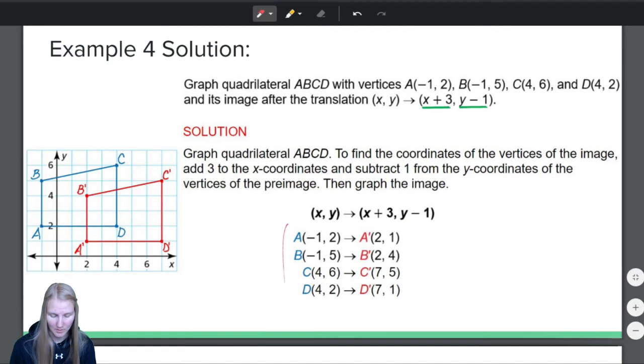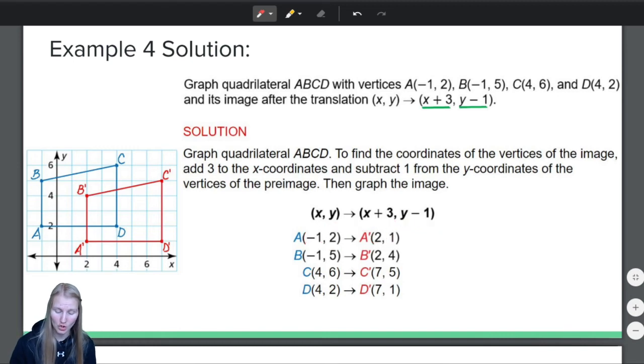So I can take my original points, A, B, C, and D, and I can add the x-coordinate plus 3, the y-coordinate minus 1. Negative 1 plus 3 gives me 2. And 2 minus 1 gives me 1.